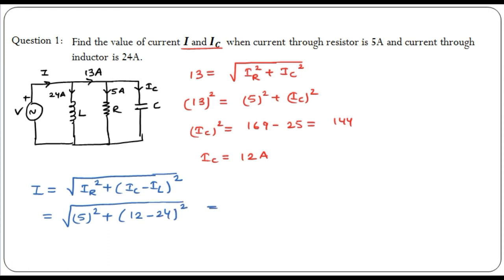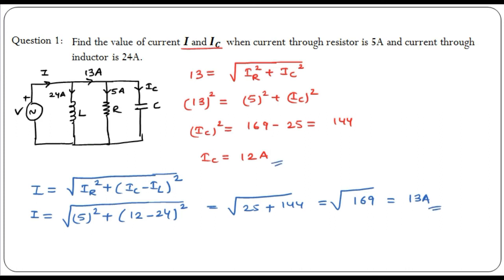So this will be equal to square root of 25 plus minus 12 square, which is 144, which is equal to square root of 169. So we get the total current as 13 ampere. So this is current I. Okay, this is the answer for this question.